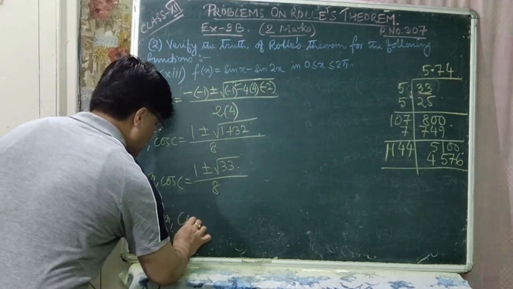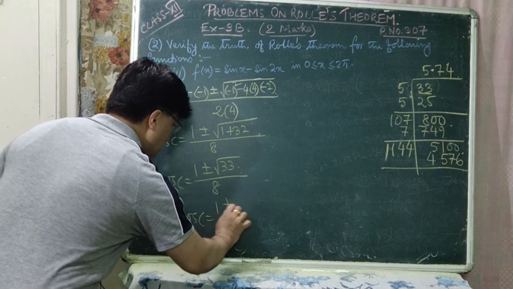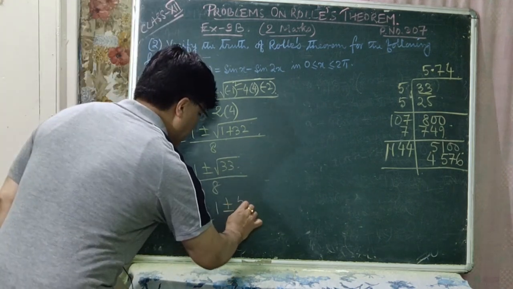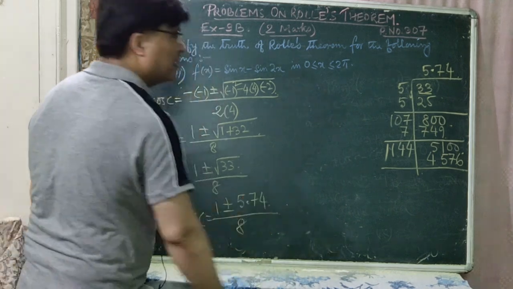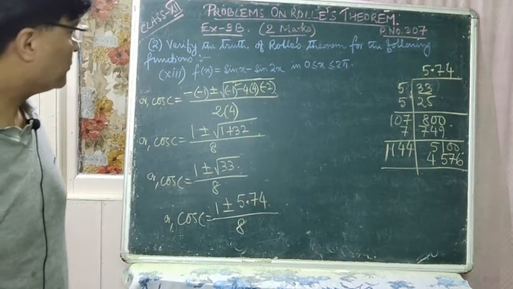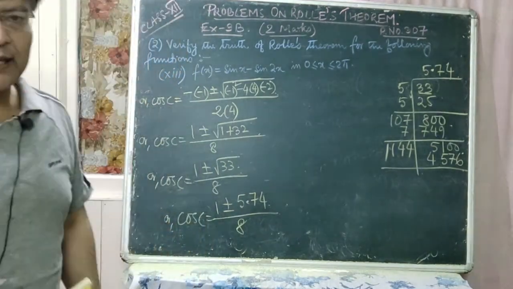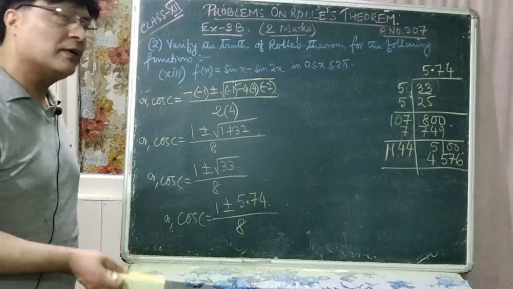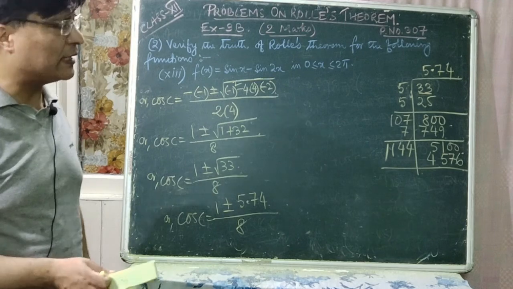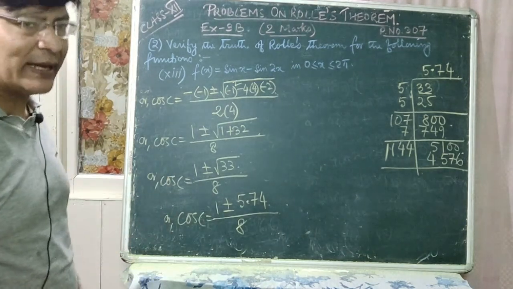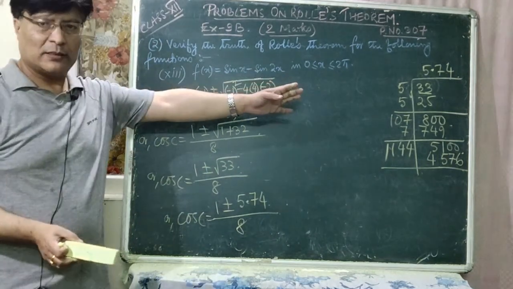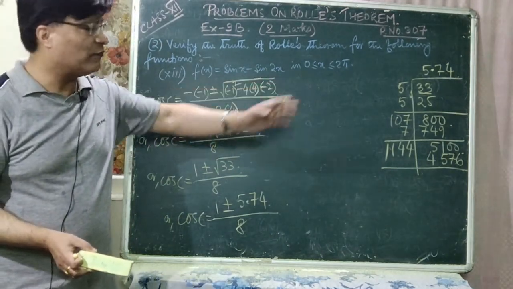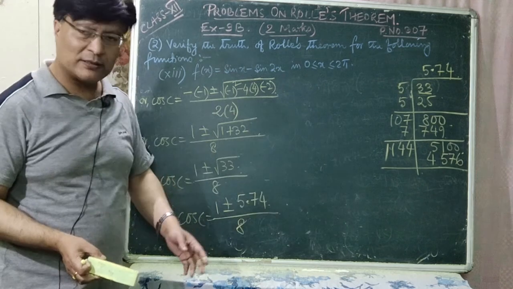So cos c is equal to 1 plus minus 5.74, the whole divided by 8. Taking the positive sign and taking the negative sign, you can have the values of cos c. So I think you have understood that square root. How can you find out the square root of 33? That is the method, right?